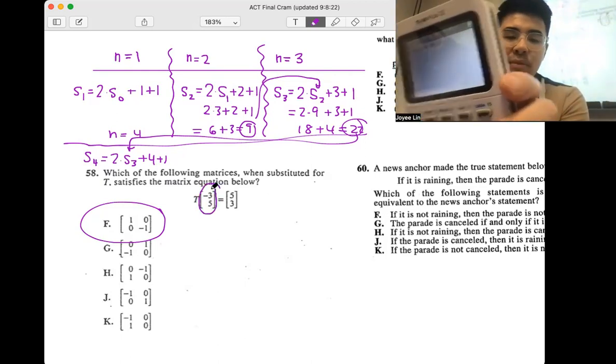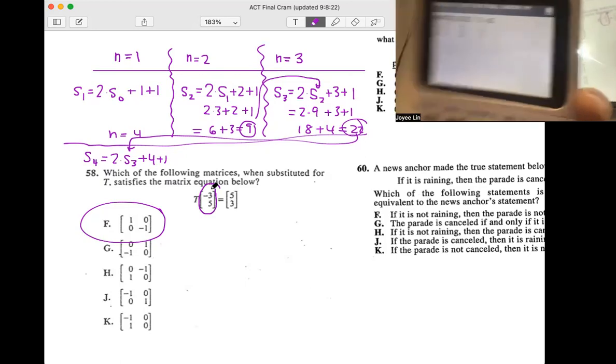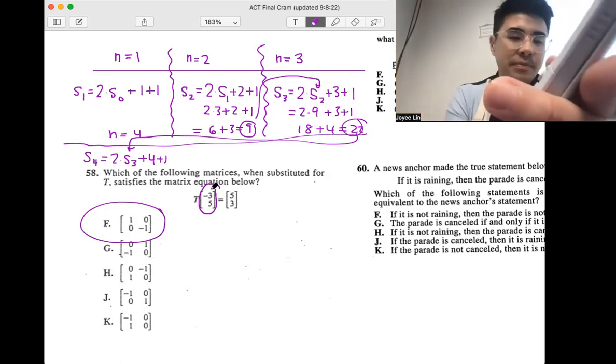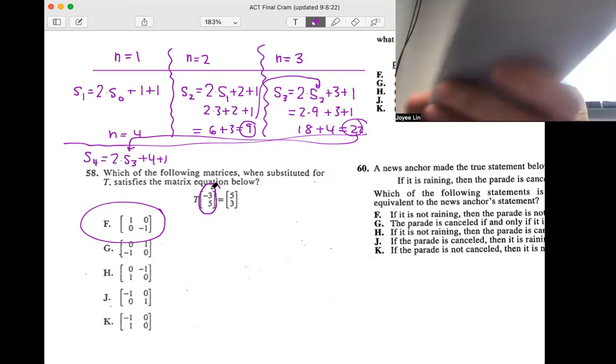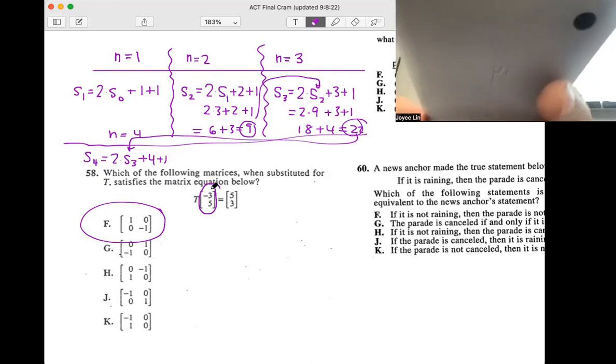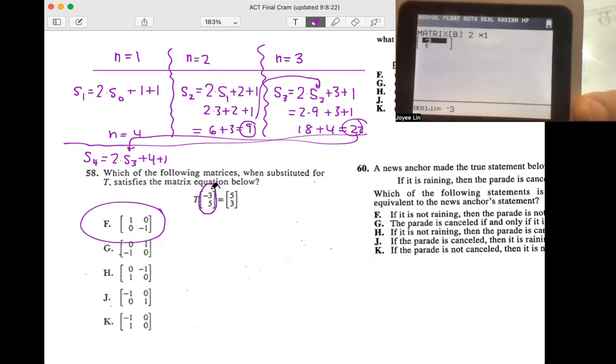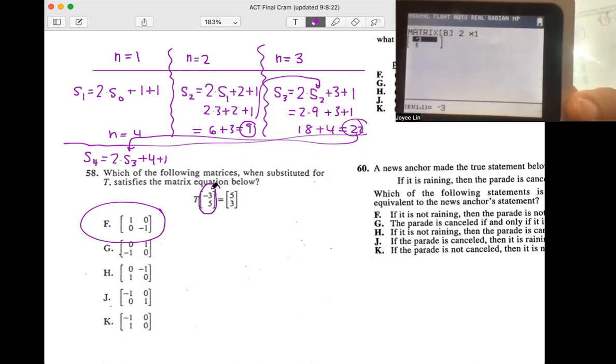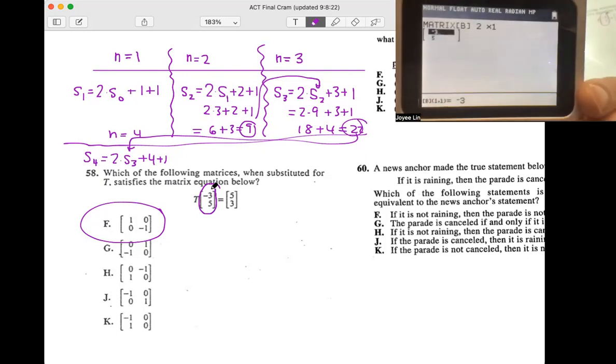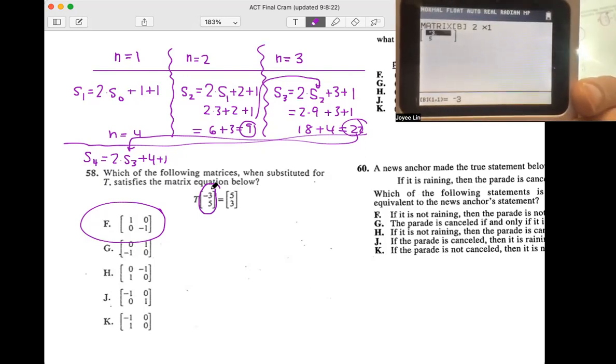This is a 2 by 1 matrix, right? There's 2 rows. There's 1 column. There, I plugged that in for matrix B. It's -3, 5. If you forget the rows by columns, you can just try back and forth.